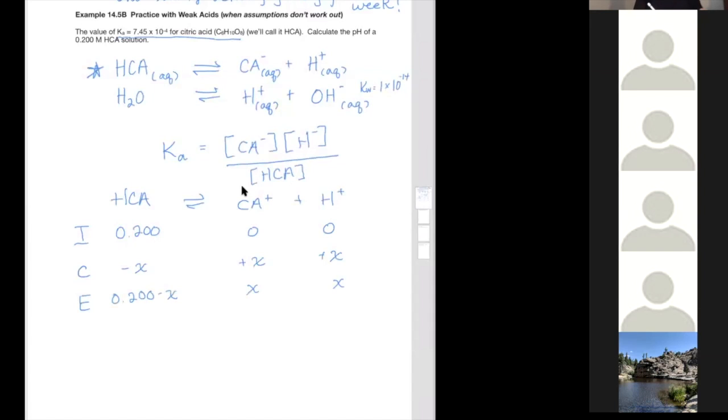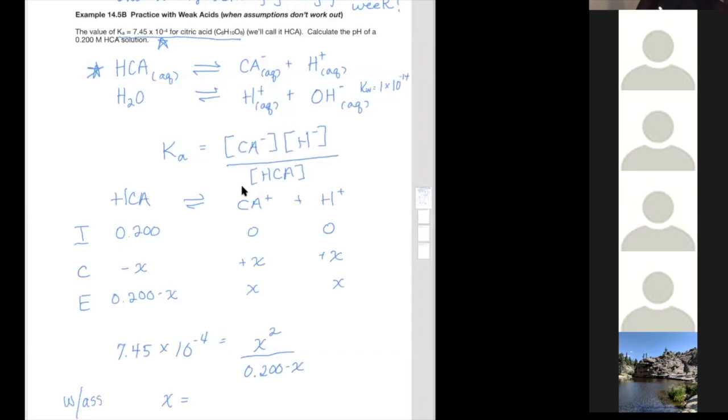So now we can use the Ka value up here to solve for X, using products, which would be X squared, over reactants, 0.200 minus X. When we solve for X here, I'm going to use the assumption.